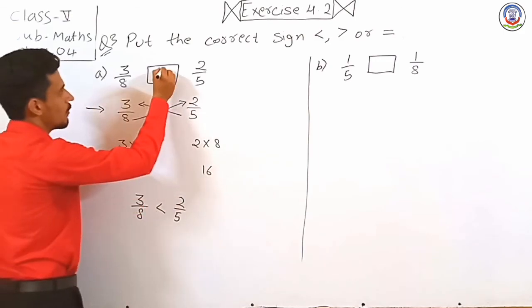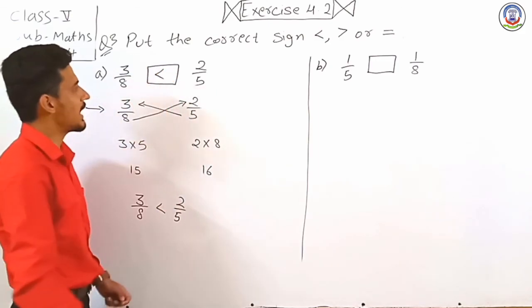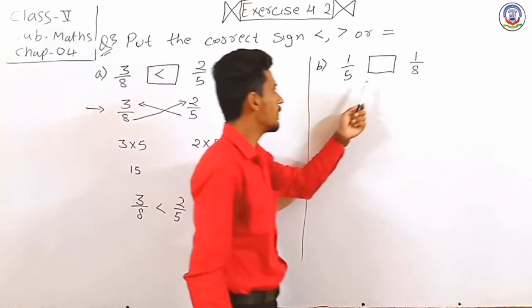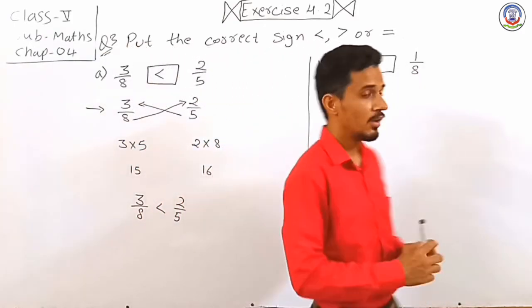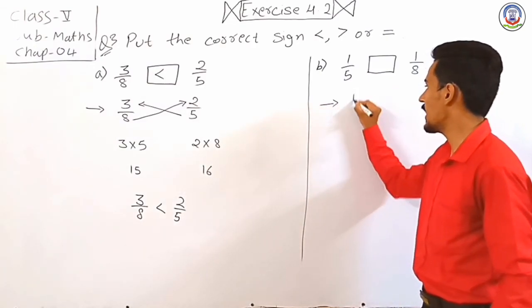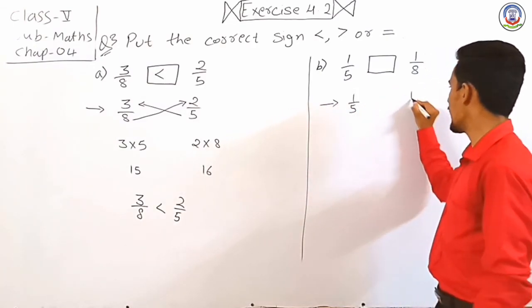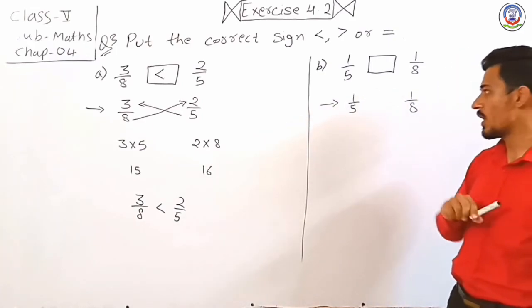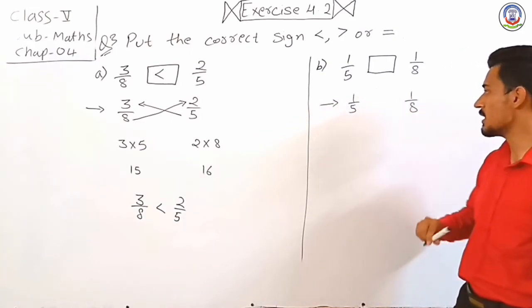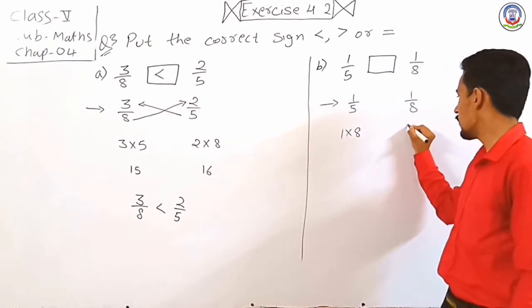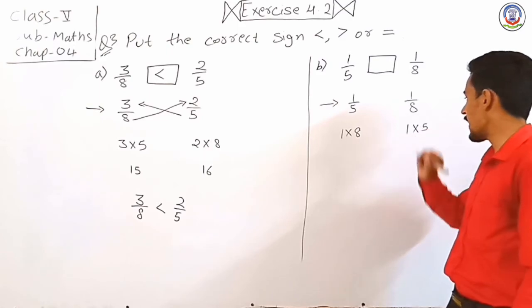So here is also put the sign. So our next is 1 upon 5 and 1 upon 8. Now we have to write as it is 1 upon 5 and 1 upon 8. Now 8 goes towards the 1 and 5 goes towards the 1. So 1 multiplied by 8 and here 1 multiplied by 5.